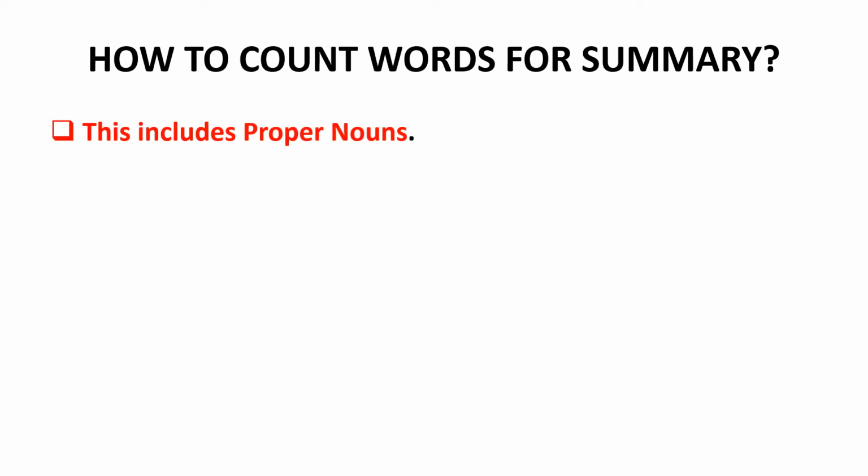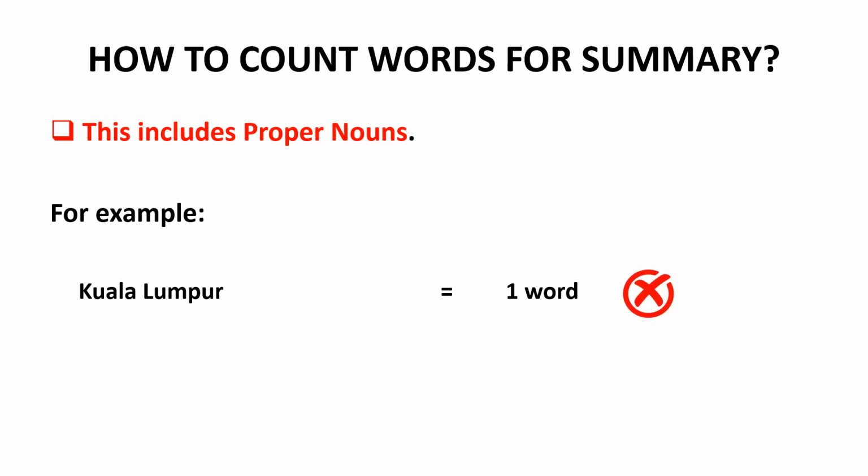Okay, so I said earlier, each word is counted as one. This includes proper nouns. For example, Kuala Lumpur. Kuala Lumpur is considered as one word. Is it? No. That is in Bahasa Melayu. Okay, in Bahasa Melayu, Kuala Lumpur is one word.